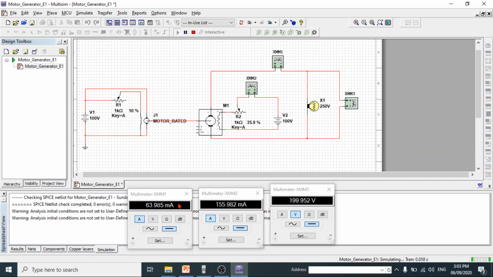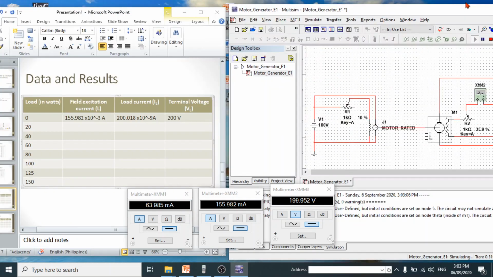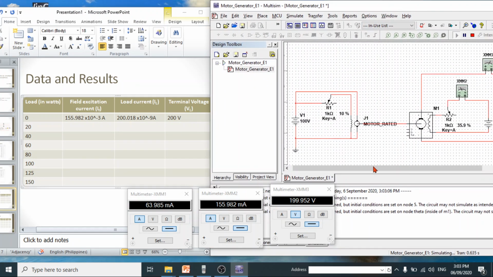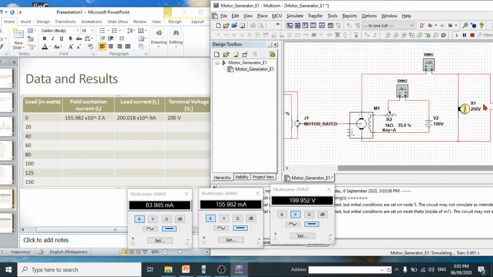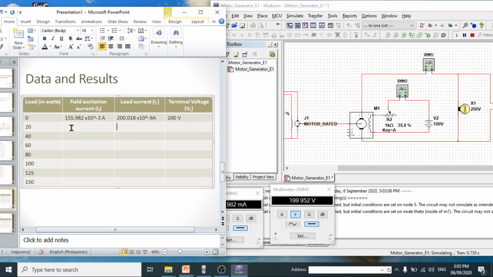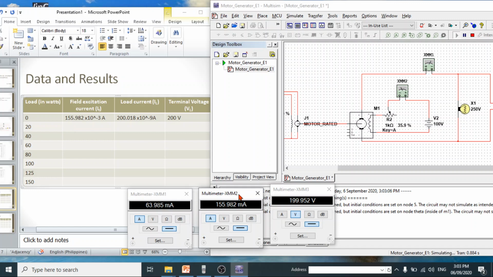This time you have a difference in reading. Meter 1 will measure the load current.